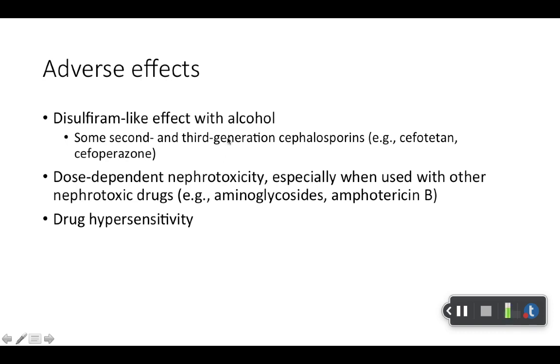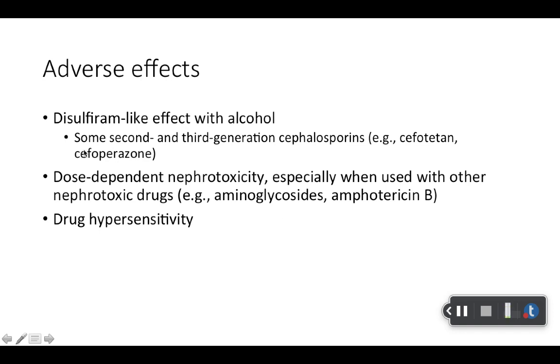The other thing we talked about too, the drug hypersensitivity as a class. Note that if they have the penicillin allergy, you still need to be concerned about cephalosporins for hypersensitivity reaction, and then the disulfiram-like effect with alcohol. This basically means that they'll have a really severe, painful reaction with flushing, stomach pain, etc. if they take these medications, specifically some of the second and third generation cephalosporins, with alcohol.